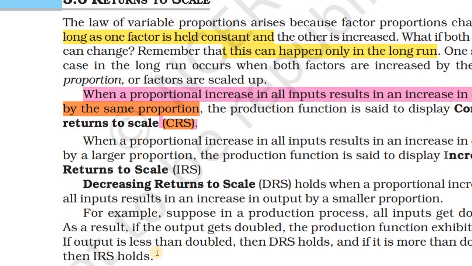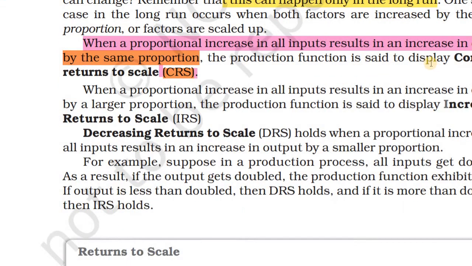We increase 5%, but we got output increase of 10%. More than what we gave as input, we got more output, then we can call it increasing return to scale.